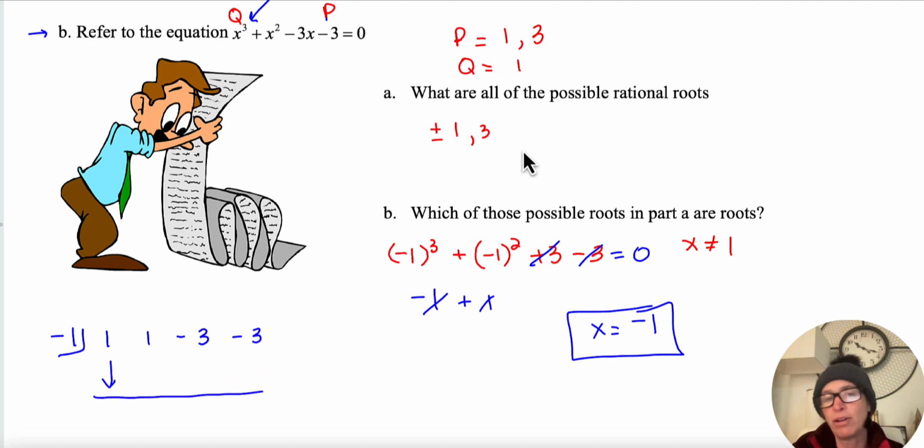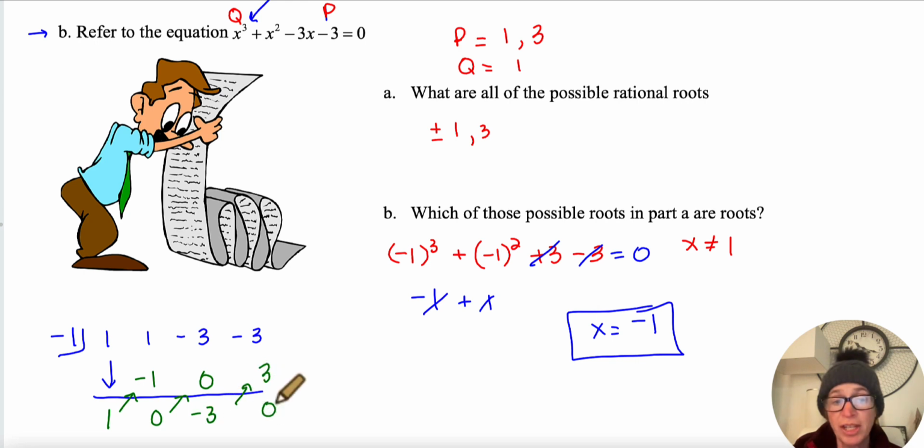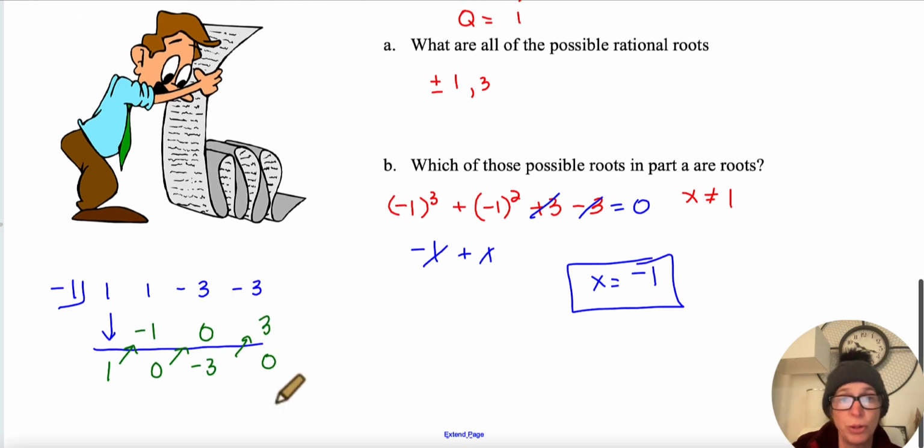Now, with 3, I could have just plugged 3 in as well, but I decided to show you the other way that you could do this, okay? So I can do synthetic division. We know we should get 0 because we know -1 is a root. And so this tells me that x squared minus 3 is the other factor.